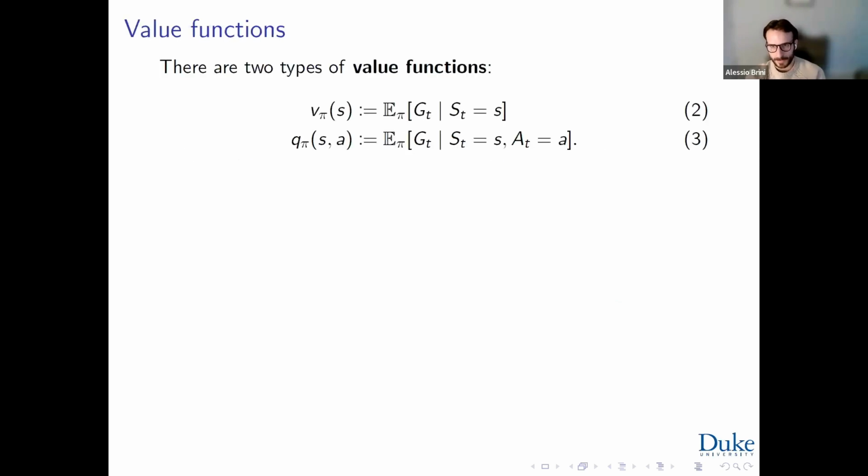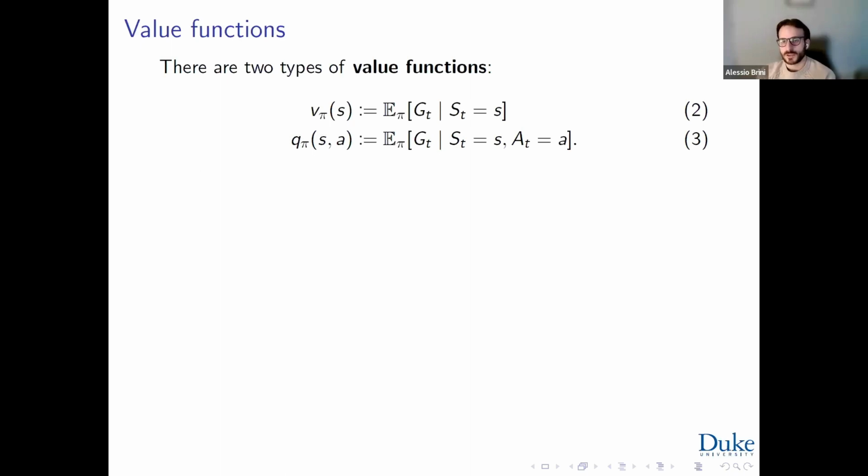So talking about value function, there are two types of value function actually. The first one I just defined in a previous slide, which is V. V is called state value function, and then there is a Q, which is called action value function. The only difference between the two, as you can see from the definition, is that Q depends also on the action, while V just depends on the state.